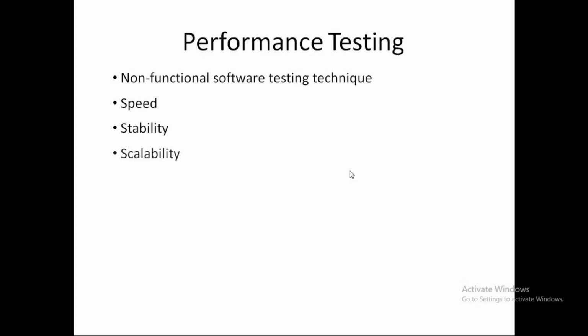That load could be your volumetric after 1 year or 3 years or 5 years. Clear? So my application should not only have good speed, my application should not only be stable, it should also be scalable. So with performance testing, we are also measuring the scalability factor of the application which we are testing.